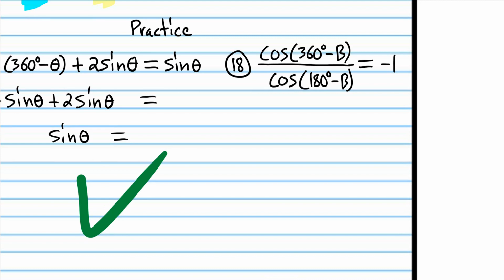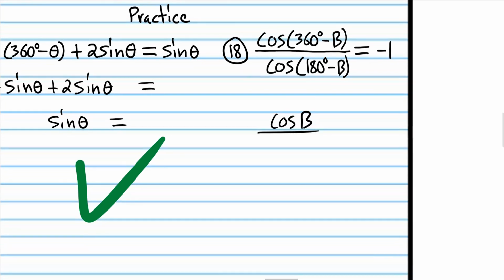Cosine of 360 minus b is just cosine b. You don't have to worry about changing the sign. And cosine of 180 minus b is negative cosine b. So you do have to change the sign on that one.